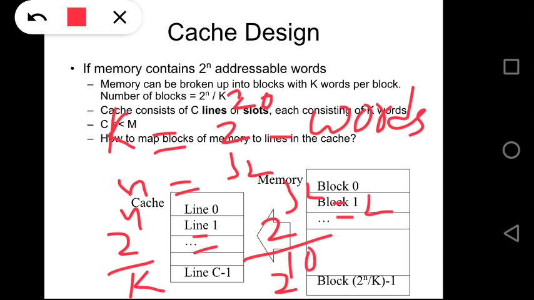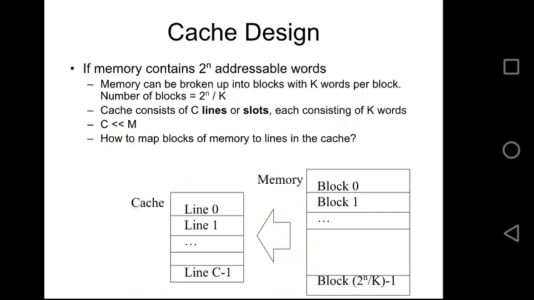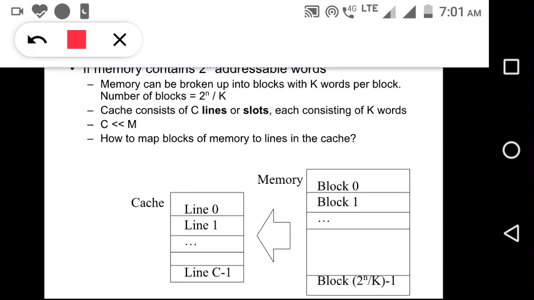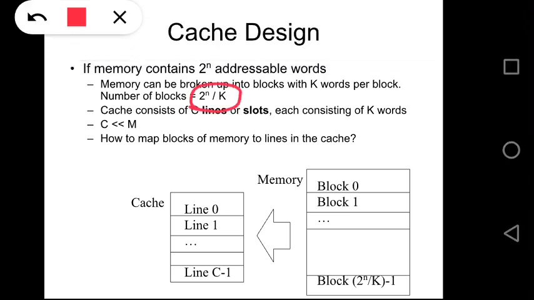So 2 power 12 blocks. So like that, I hope you are getting it. So the memory can be broken up into blocks with k words per block. So the total number of blocks would be 2 power n divided by k.